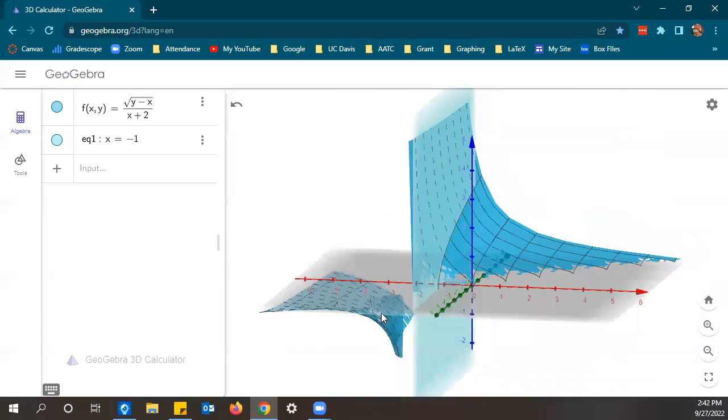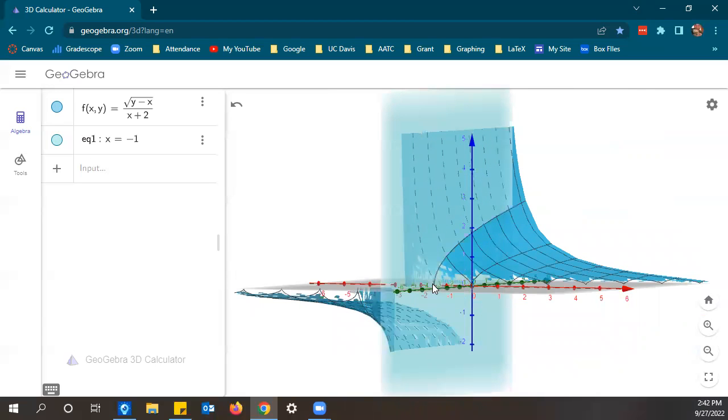If we look along that plane, you can see that the plane intersects this curve along that line right there, I think. And as we look at that, the function output values are getting larger and larger as we go in the y direction.